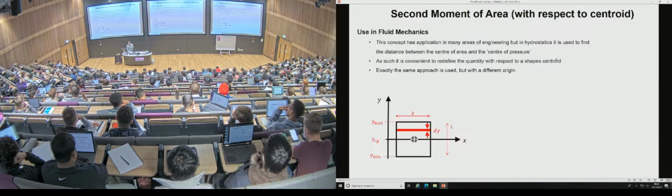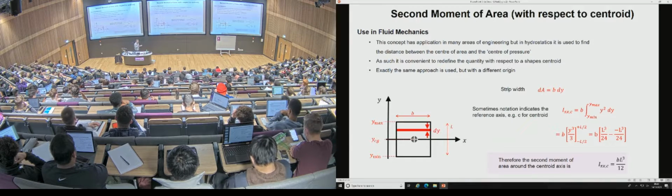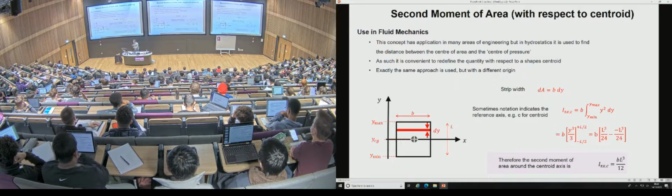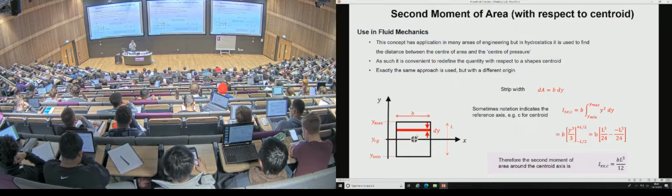This slide is taken from the asynchronous video explaining second moment of area that I uploaded at the beginning of the week. As well as calculating the second moment of area of a shape from the bottom, we now calculate it from its center.